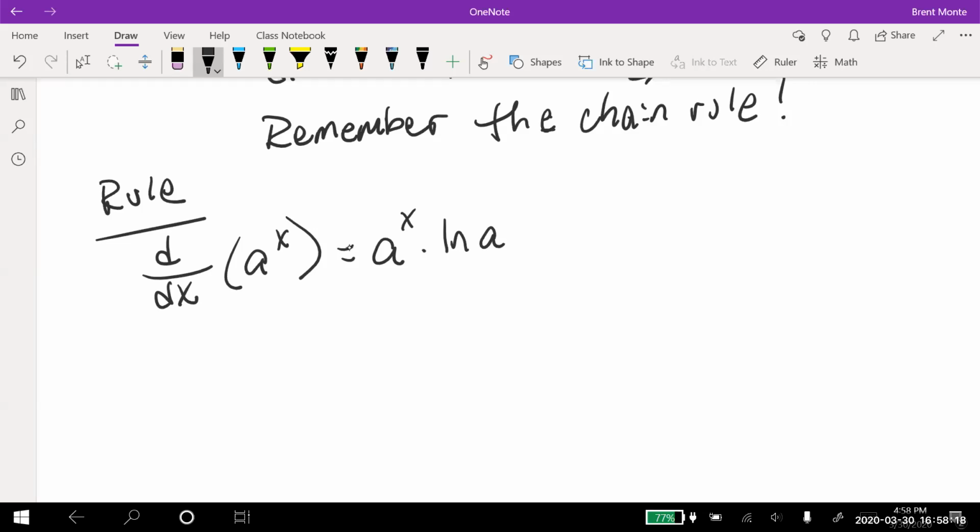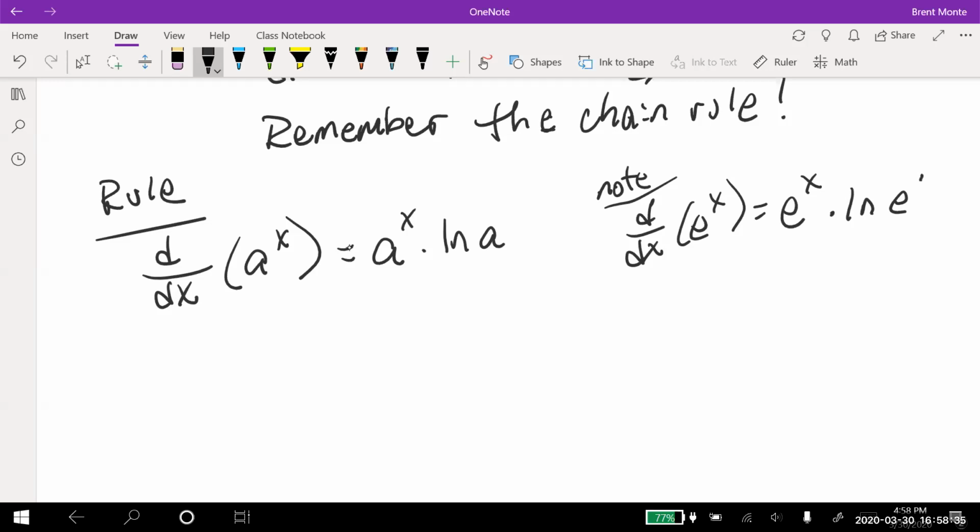Notice this rule still works with e to the x. If I had done the derivative of e to the x and I followed this same rule, I'd get back the e to the x, but then times the ln of e. Well, the ln of e, that's ln of e to the first. ln and e cancel each other out.